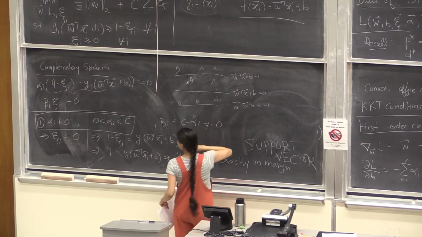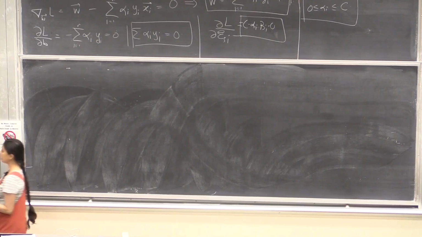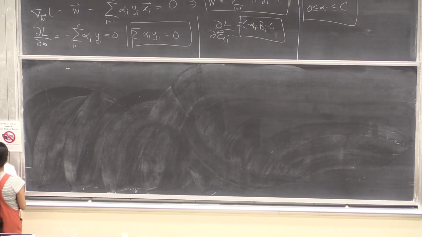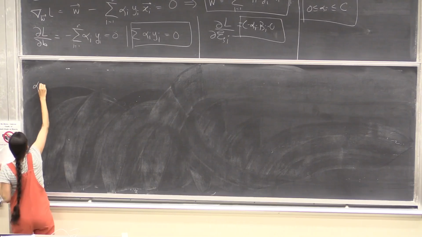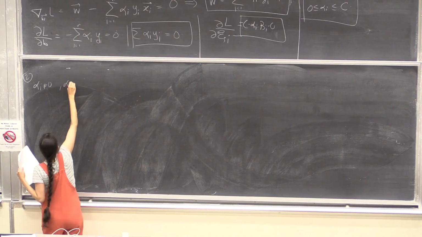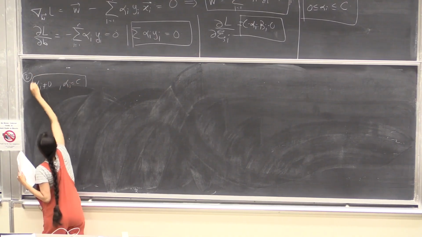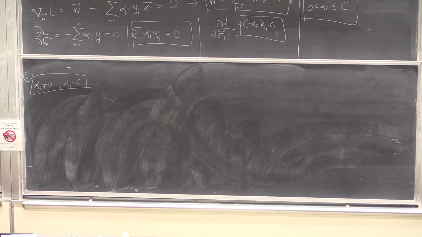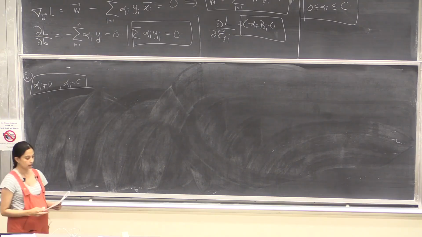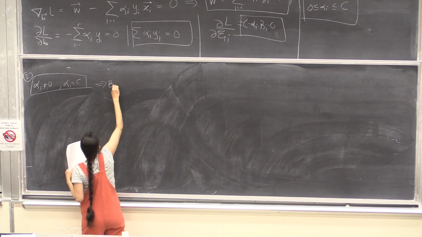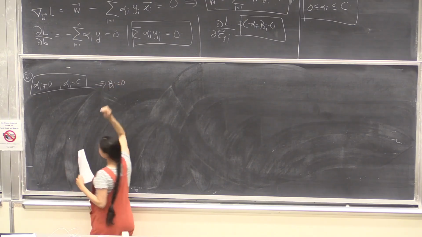So now there's, of course, the other case where alpha I is not equal to 0, but alpha I is equal to C. Right? If alpha I is equal to C, I can conclude, in fact, that beta I is equal to 0. Right?